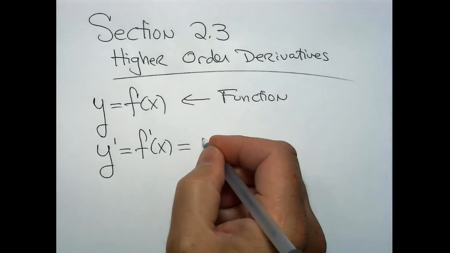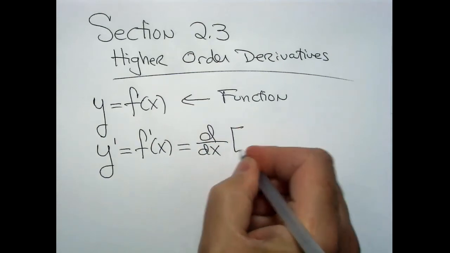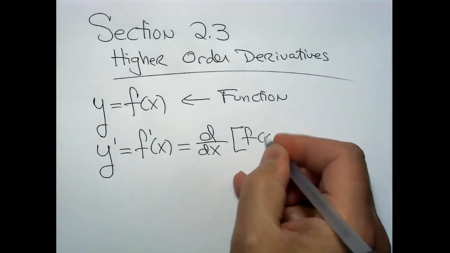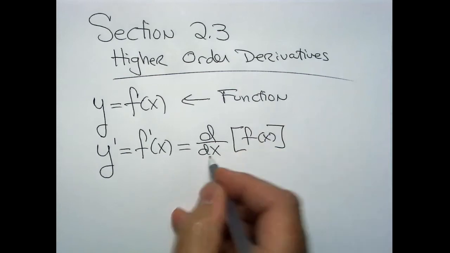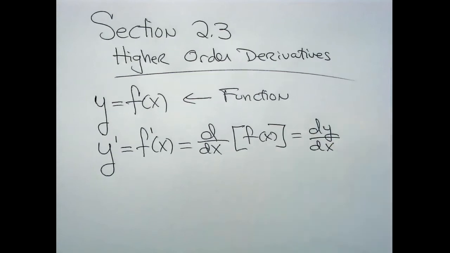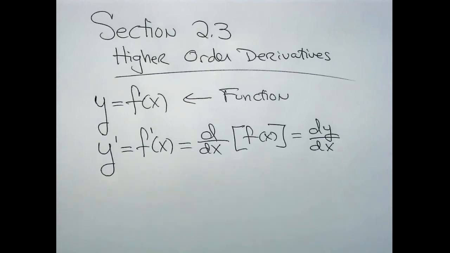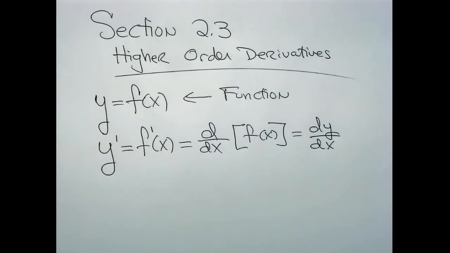We also use d dx as a verb to take action on our function, f of x. Oh, we also have dy dx too. There's just a number of ways that you can represent the derivative. There's actually four different ways, and even a fifth that we don't use that often, so I'm not going to mention that one.